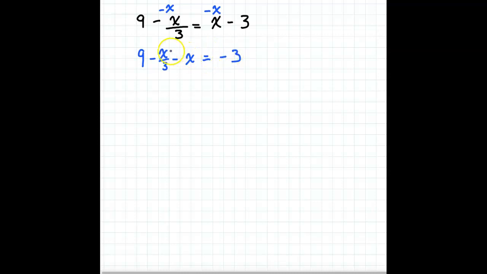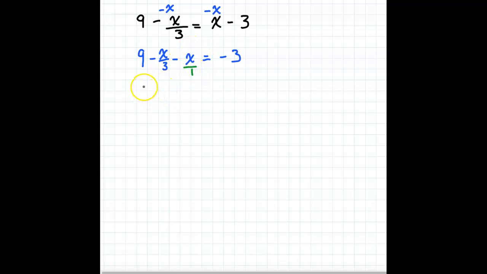Okay? And now that we have those x's together, we're going to combine them, but we have to have common denominators. So this is kind of like, well, it is x over 2, or x over 1. It's just a number, so x over 1, that's the same.